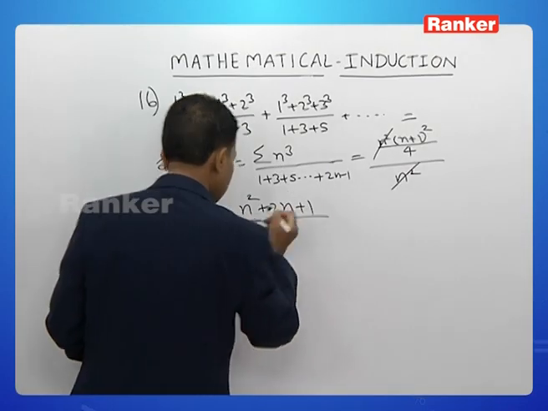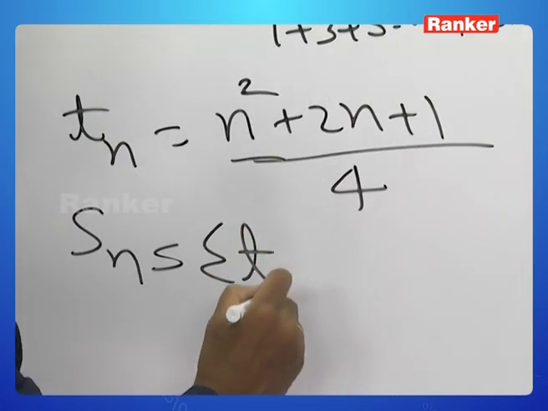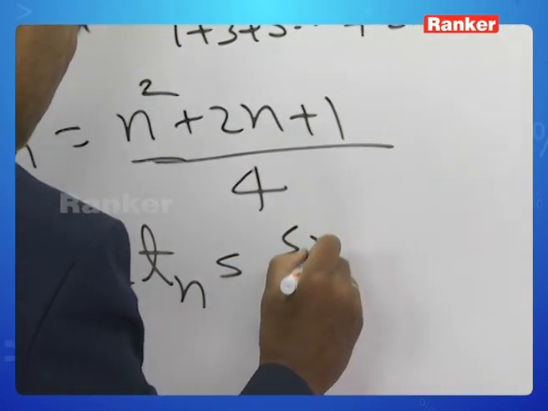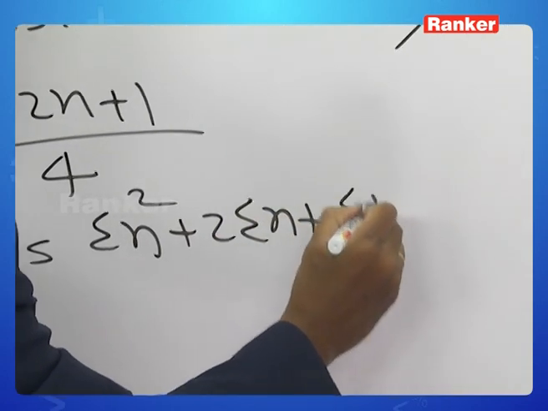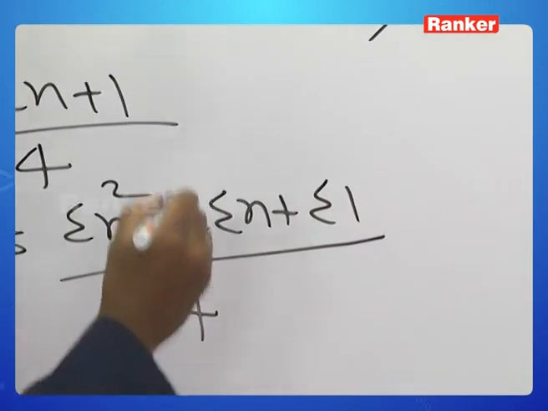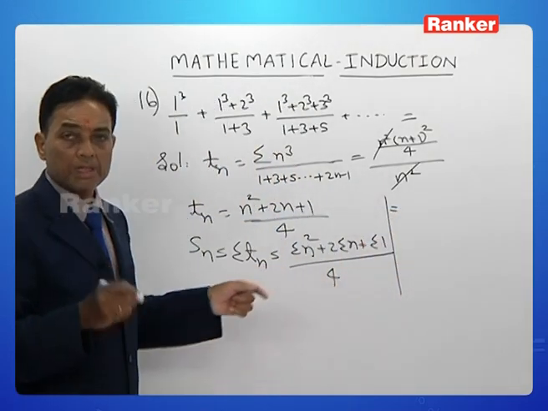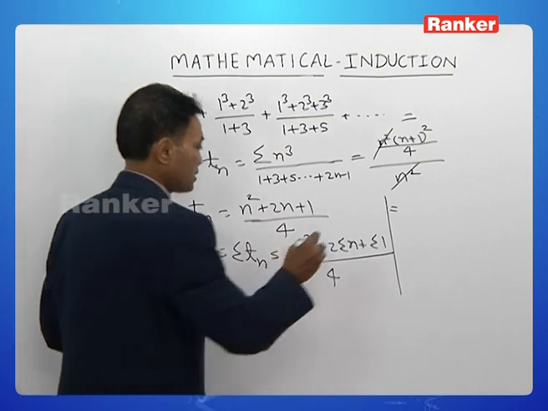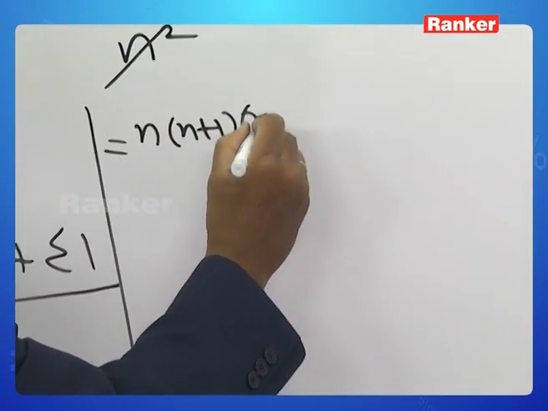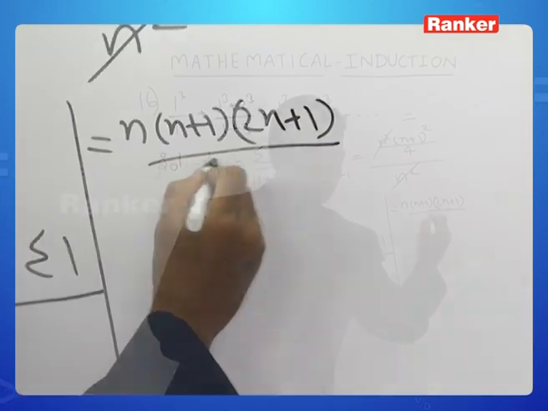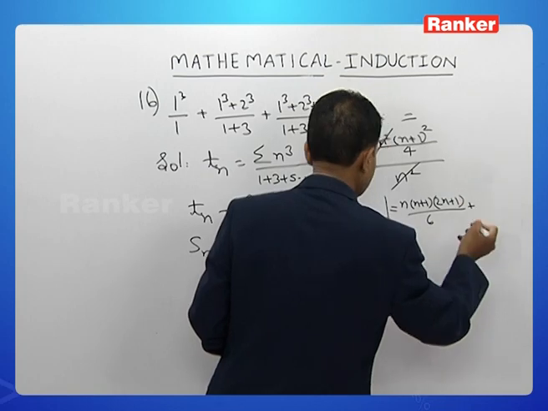Now to find Sn, sigma Tn, sigma n square 2 into sigma n plus sigma 1 by 4. Let us see simplification. Sigma n square, n into n plus 1 into 2n plus 1 by 6, 2 into sigma n into n plus 1 by 2 into 2.